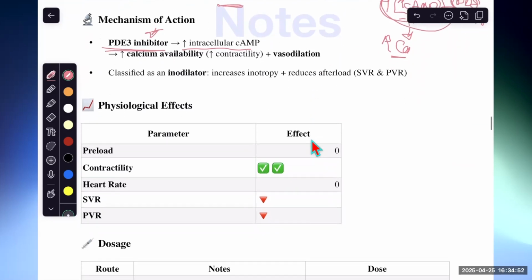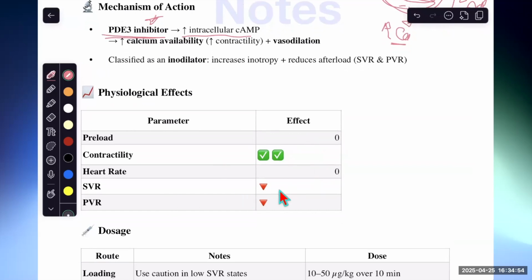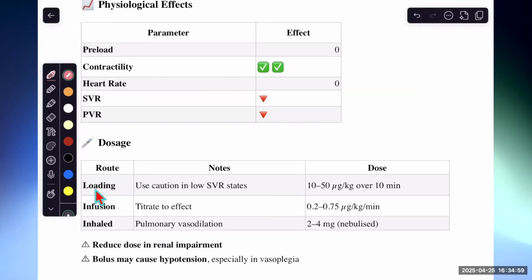Okay, it's an inodilator. As I told you, contractility is good. It decreases SVR and decreases PVR. Sometimes they use it as a loading dose, giving 10 or 50 mcg per kg over 10 minutes, or even on bypass. You can give it on bypass.